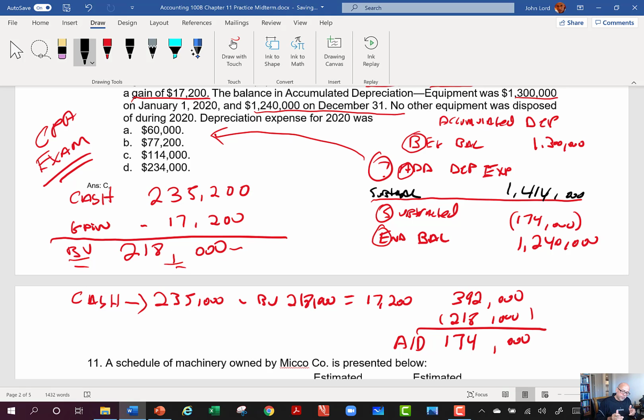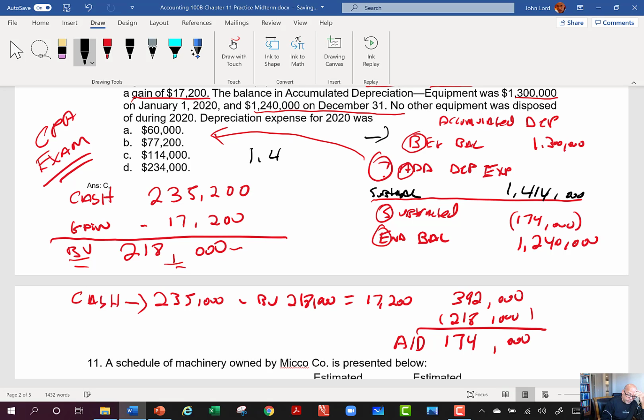So if I had $1,414,000 and subtract $174,000, I end up with $1,240,000. So then the question becomes, how do you go from a beginning balance of $1,300,000 to this subtotal of $1,414,000? Then you could just subtract $174,000 to get to the $1,240,000. Well, I had to add some amount, and again I do another little side calculation.